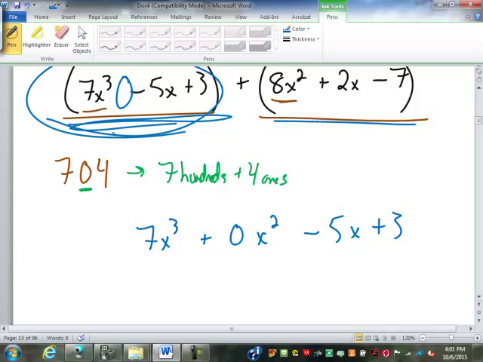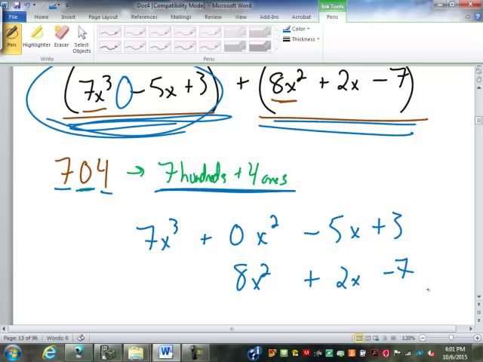That x squared digit is not there, so we can put in a 0x squared. Just like here, 7 hundreds and 4 ones becomes 704. The 0 is filling in the tens because the tens digit is missing. This one then becomes, well, 8x squared plus 2x minus 7. We could put in a 0x to the third up here, but we really don't have to.